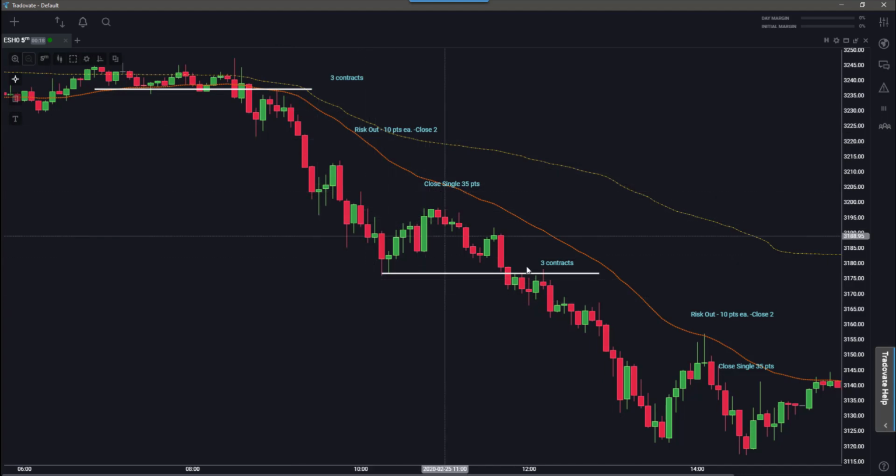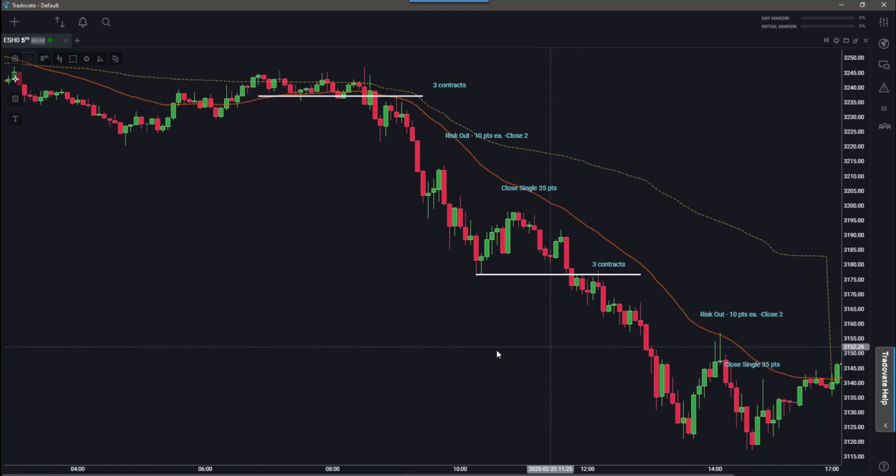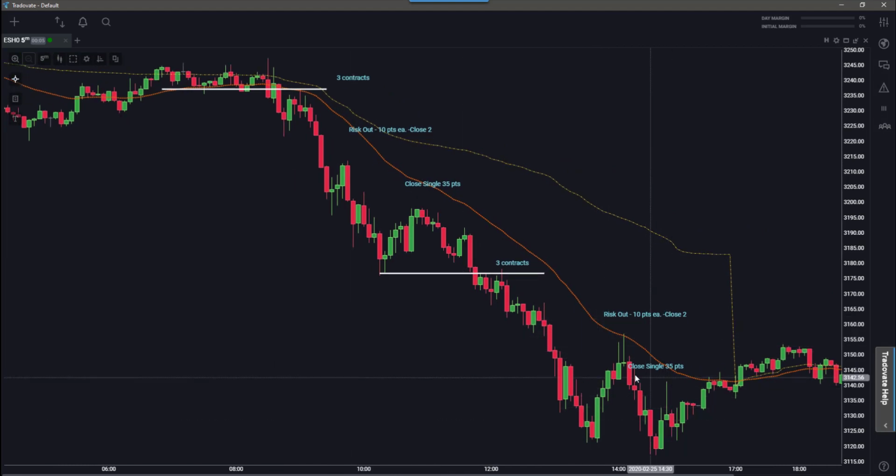And then we had the lunchtime. I have my own set of rules that keeps me out of the market during lunchtime. After the market had come back from lunch, I repeated the trade one more time and then held it into the close of the day. This is just your regular everyday example of trading trend.